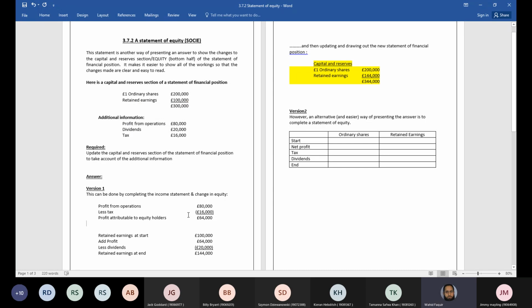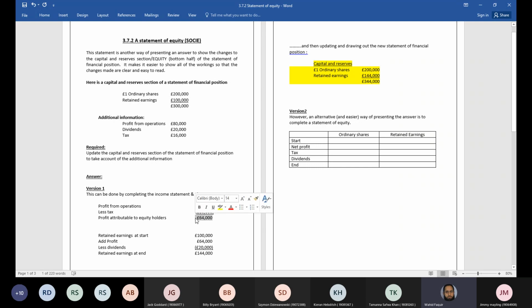So you can see from the working, we take the profit that we've made this year, we take away the tax, and that gives us profit after tax. Another name for that is profit attributable to equity holders. In other words, what's available after tax to the shareholders, 64,000.